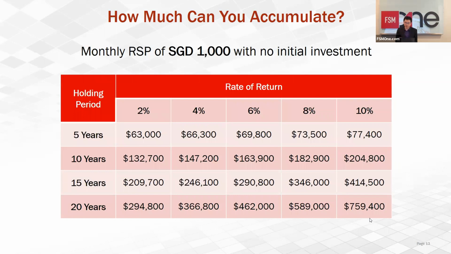You can look at all these examples and conclude that 5 years invested in the market versus 20 years invested in the market makes a huge difference. 20 years gives you 760K, but if you're just in the market for 5 or 10 years, you're not getting even half of that amount you're getting in 20 years' time. So that's something to take note of.